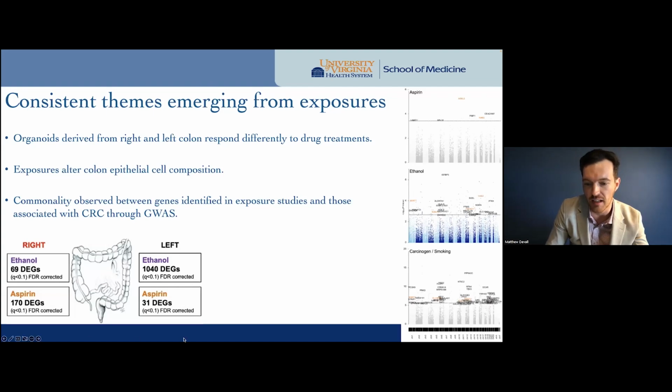That can be seen here: we don't just see a large number of differences in gene expression, but also that some of the genes that pop up across different exposures are quite similar, suggesting there's a common theme for these drivers in cancer risk.